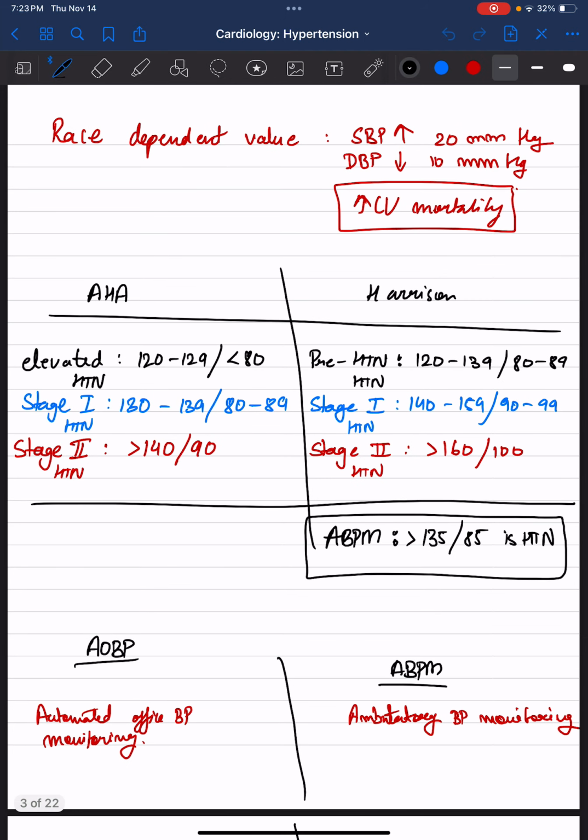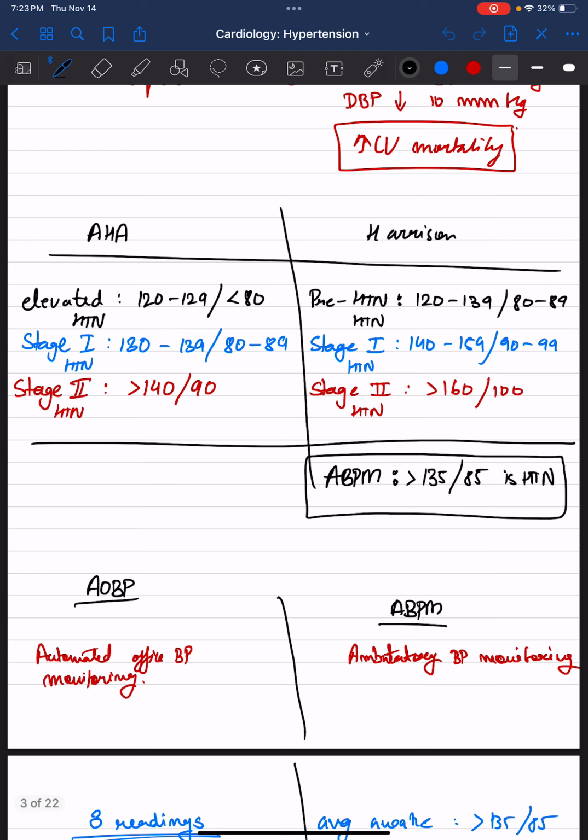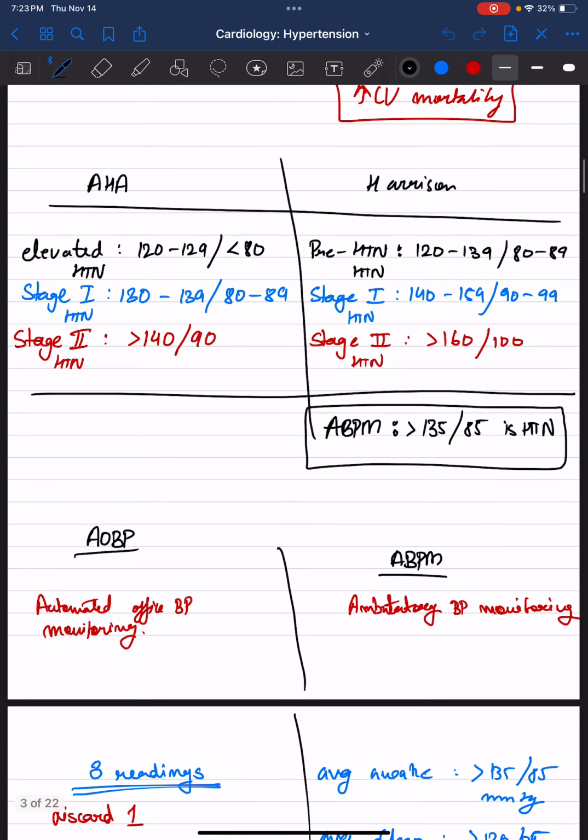So we have two guidelines. One is by the AHA, American Heart Association, and the other is from Harrison's. AHA divides it into elevated blood pressure, stage 1 hypertension, and stage 2 hypertension.